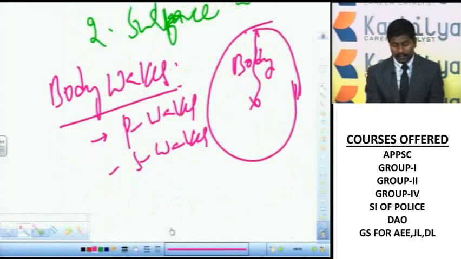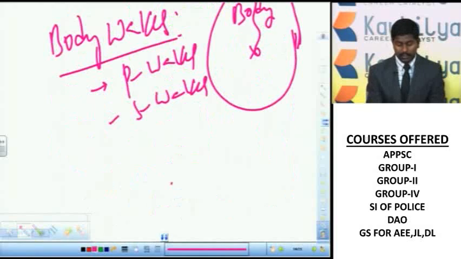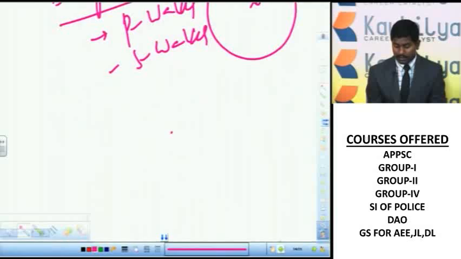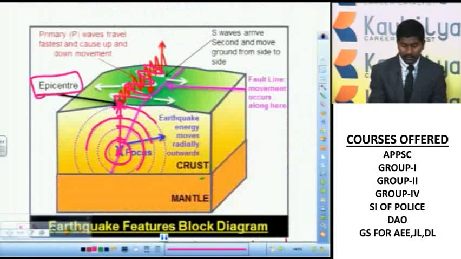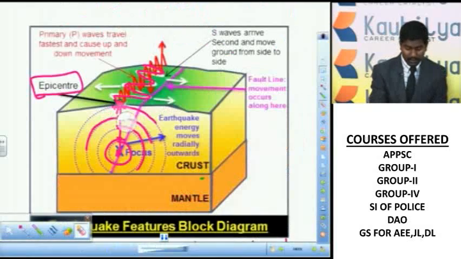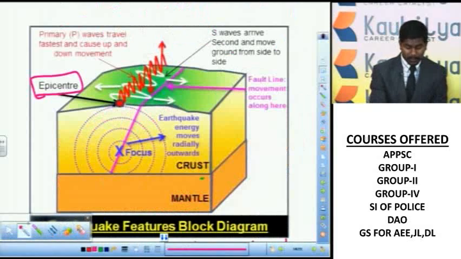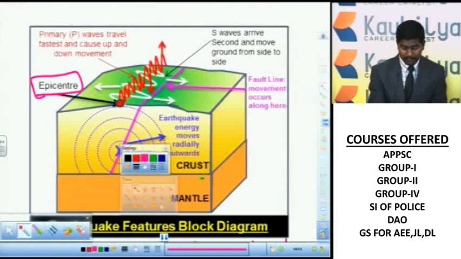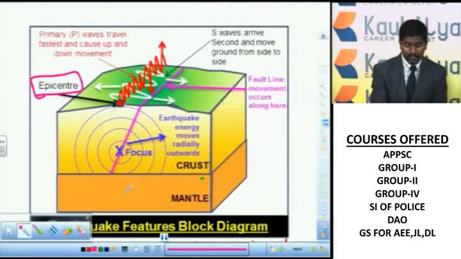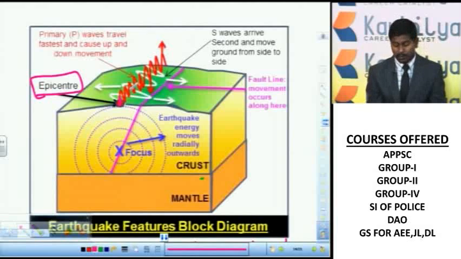See here, once these waves reach from the focus to the epicenter, they are called body waves inside the earth. Once they reach the epicenter, from the epicenter they move in different directions on the surface to the nearest seismograph station.